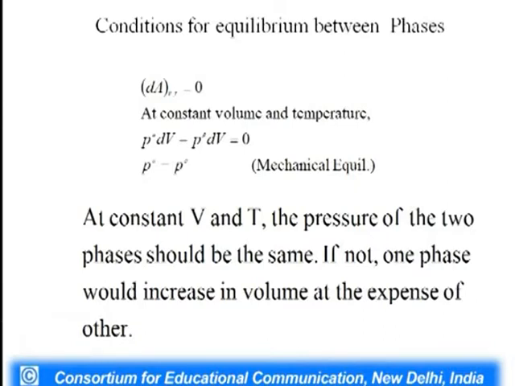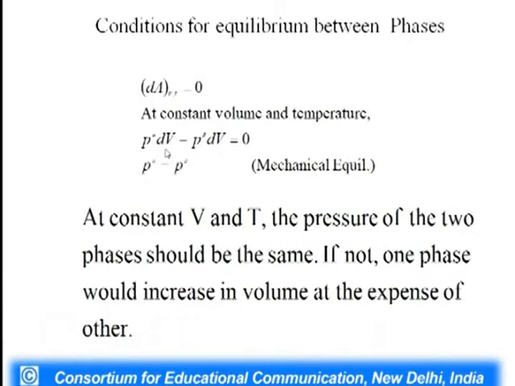If pressure is not equal, and dV is the volume increase in the alpha phase, then the volume change for the beta phase will be minus dV, since this is a constant volume system and the total change is going to be 0.